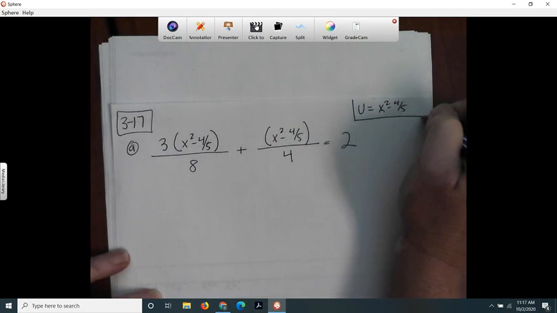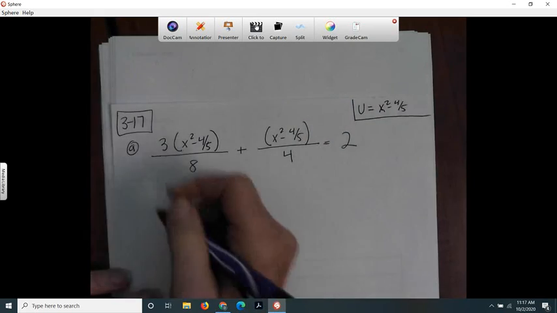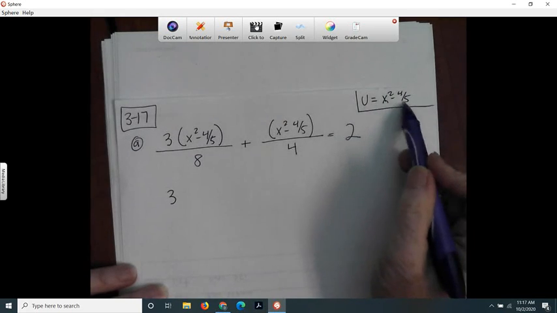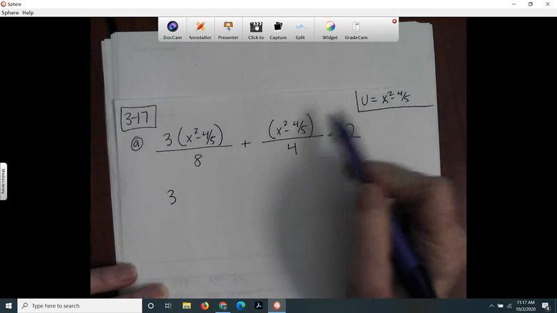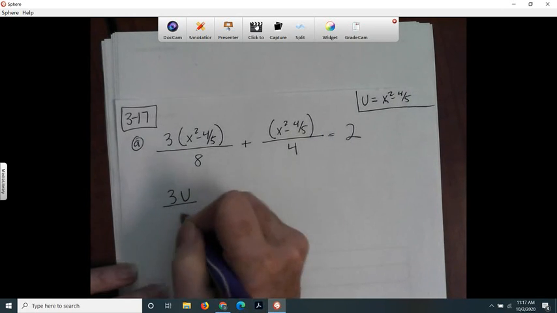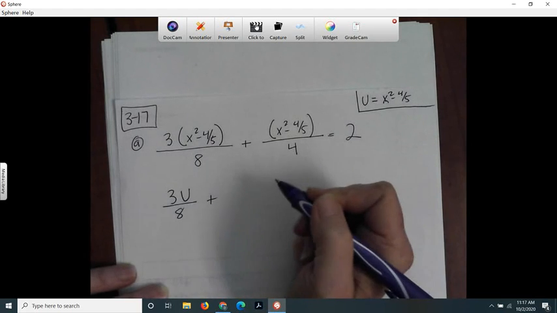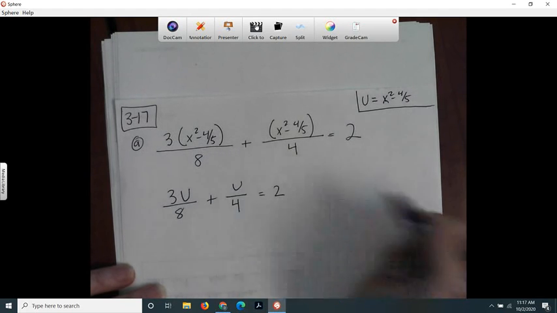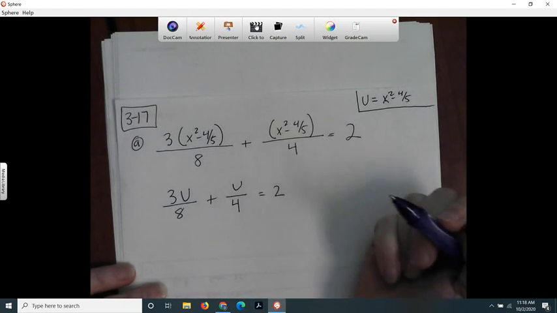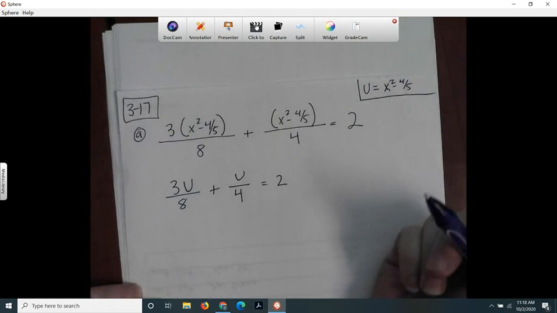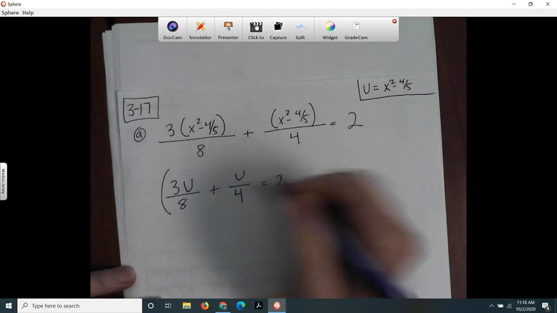So then I'm going to rewrite it, substituting in U every time I see this repeated part. So 3U over 8 plus U over 4 equals 2. And now you might know how to solve this. We're going to get rid of the denominators by multiplying by 8.